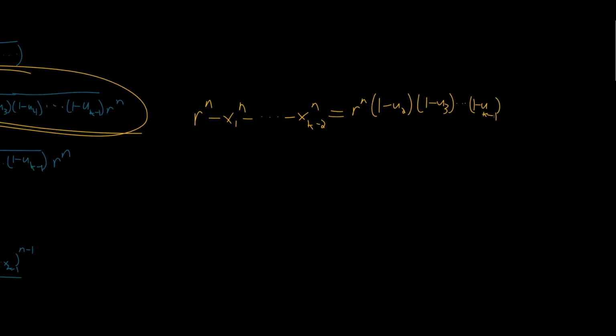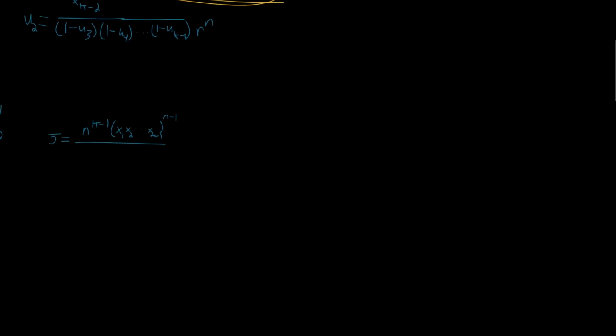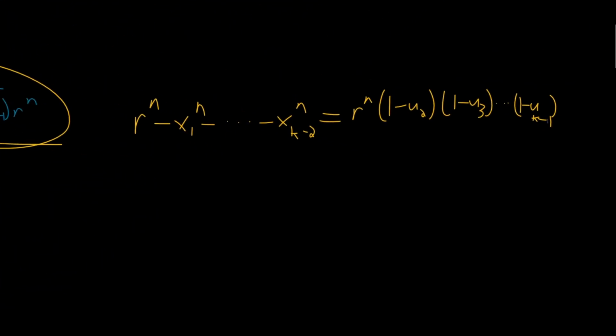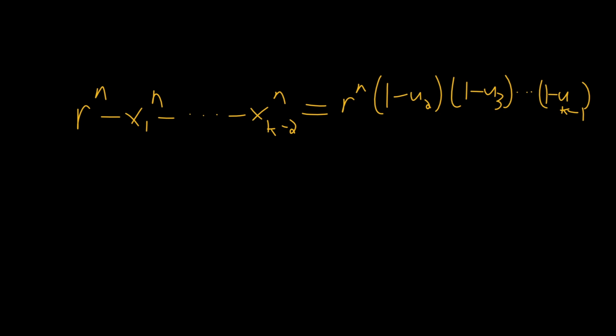So what we can do is just replace the denominator of every single term in our Jacobian with something that looks like this. And we can also replace the next one with, it's parallel, r to the n minus x1 to the n minus ... and then just xk minus 3 to the n.